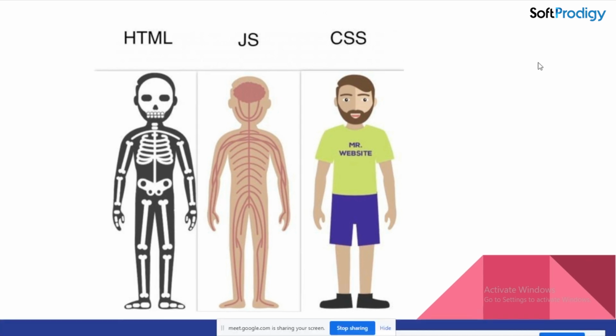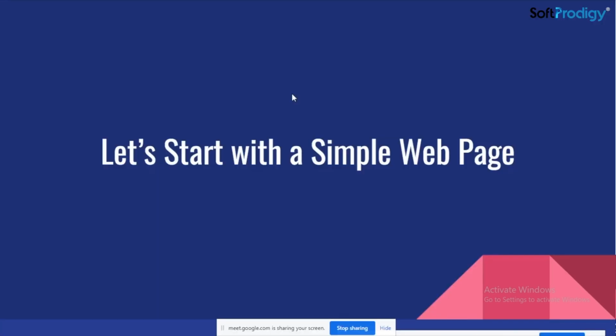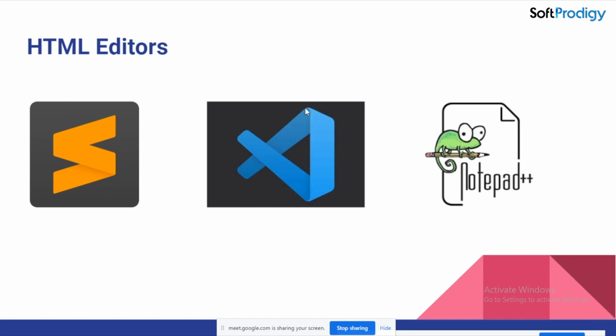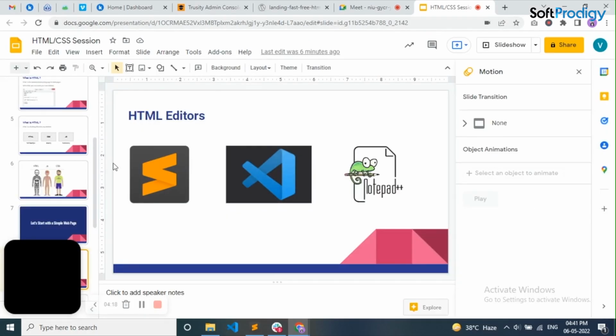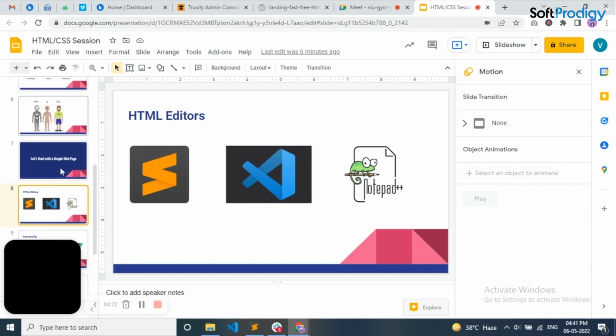We have three types of editors, and more, that we use for HTML: first Sublime Text, then Visual Studio Code and Notepad++. Or we can use any other, even normal Notepad, to create a small web page. These are the main editors we use to create our web page.